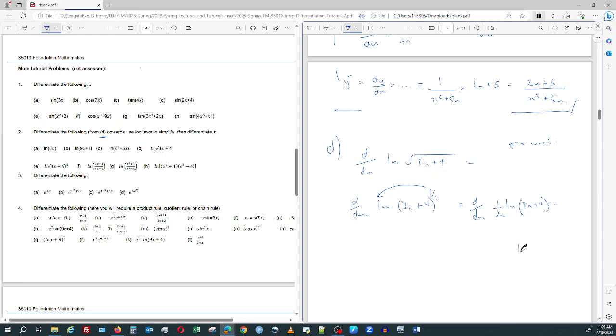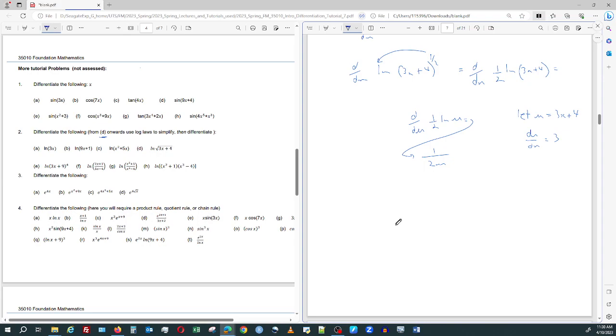So we'll have let u equal 3x plus 4. This will be the same regardless of the form that you're working, so those forms won't change. So du dx will be equal to 3. That's the calculus out of the way. This one here now needs to make sense. So we'll do d du of a half ln u. So that means the derivative of ln u will be 1 on u. So the half is already there. So we'll bring the result of this down here as 1 over 2u, and that's the chain that we're putting together.